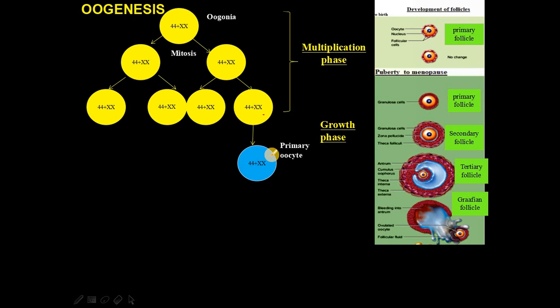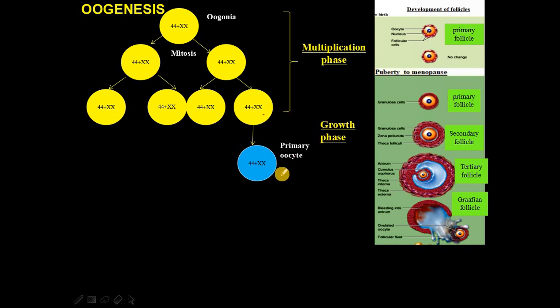This is also taking place in the fetal life. The primary oocyte also has the same number of chromosomes because there is no multiplication over here. Only the certain oogonias have increased in the amount of cytoplasm and they have increased in size. So that is why this is called as growth phase.